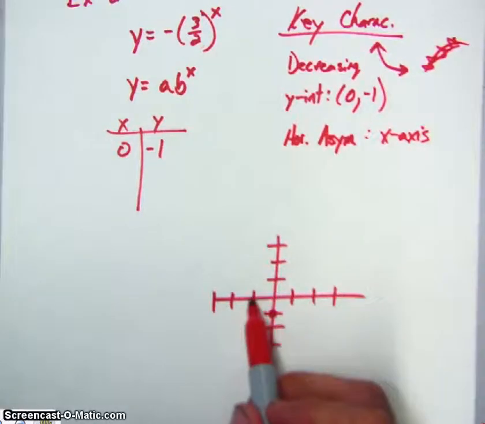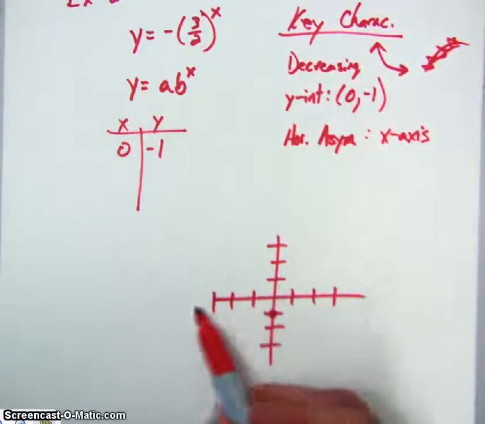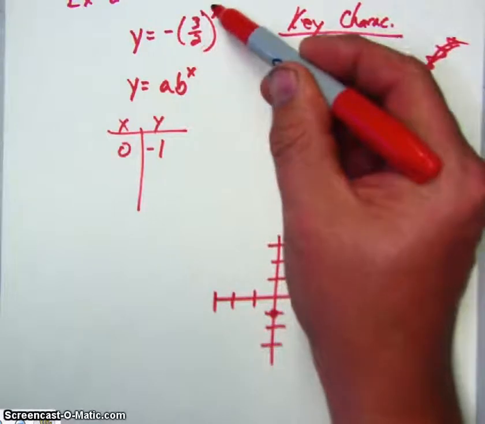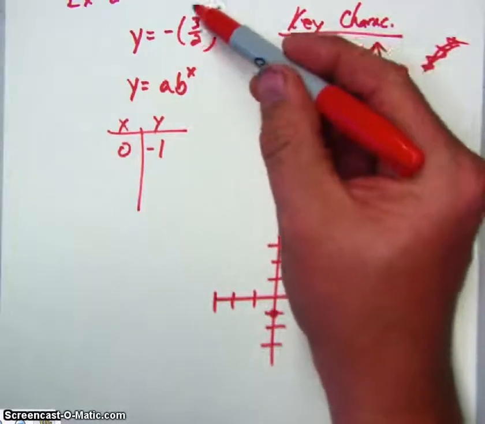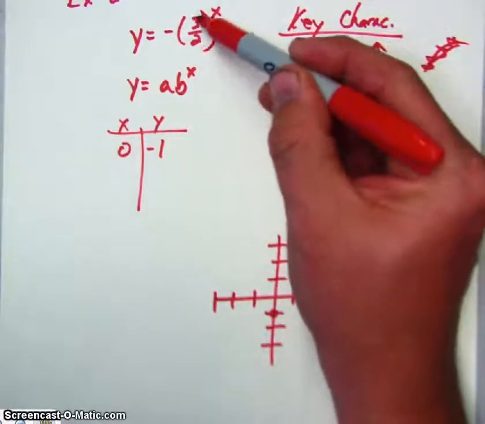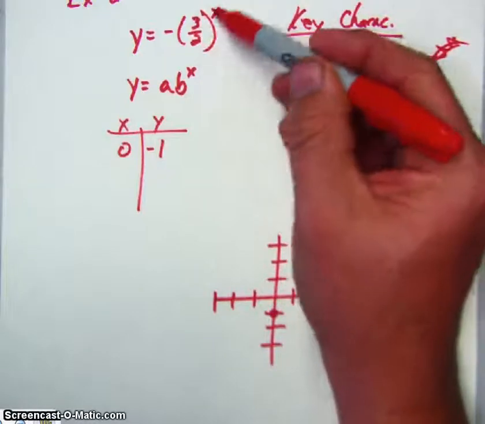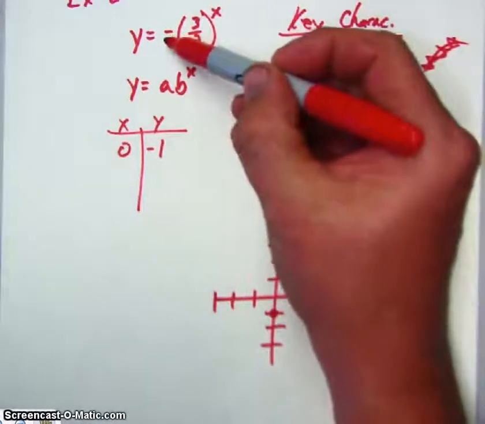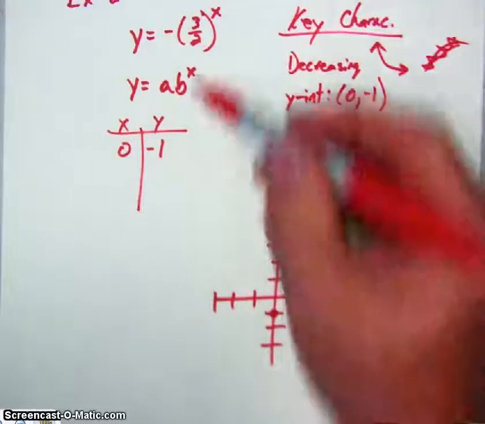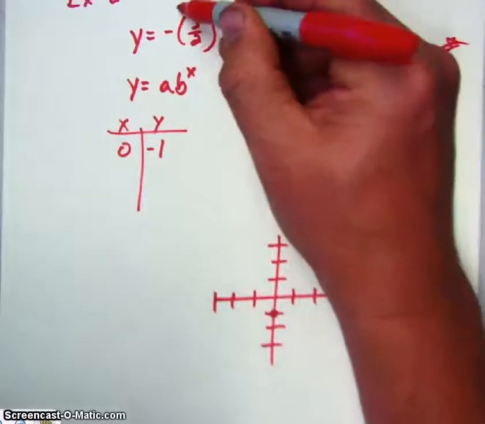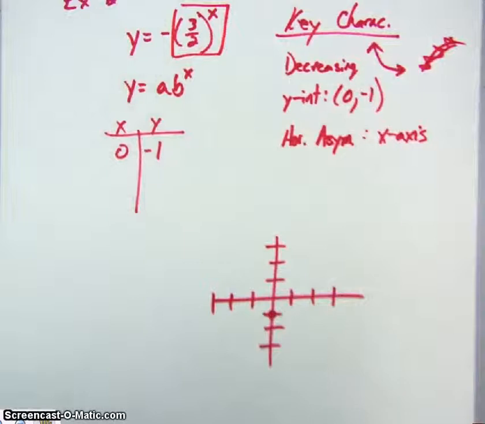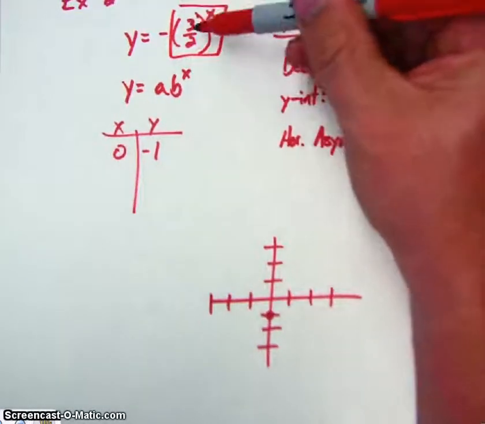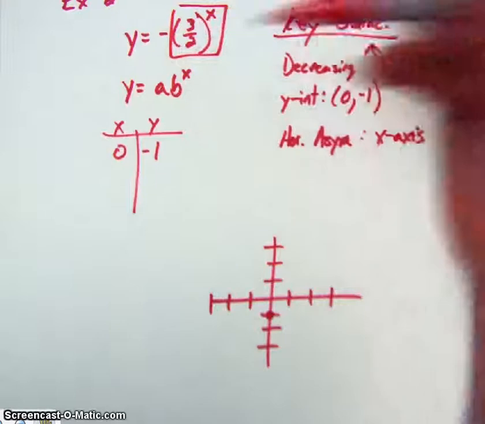If I put in a negative value for x, a negative exponent flips this. It doesn't change the sign of it. It still stays positive, but it now becomes 2/3 raised to whatever x is, and then the negative in front will still make it negative. So this is impossible to become positive, because in order to go above the x-axis, what's in the box would have to be negative, since a negative times a negative is a positive.